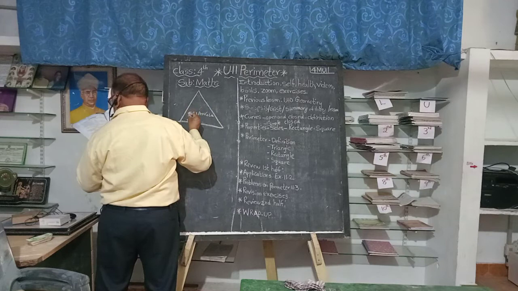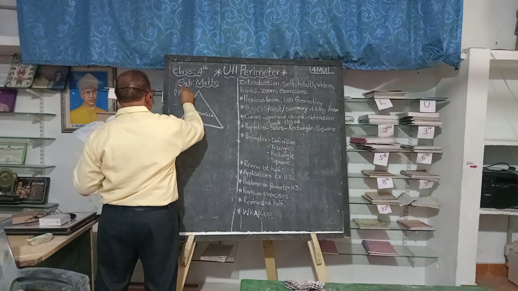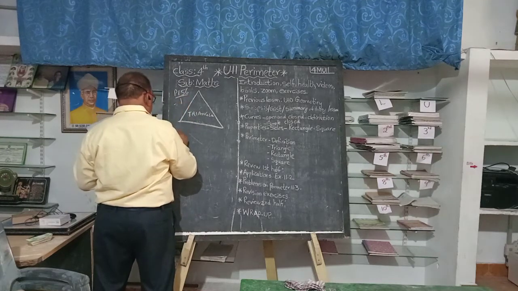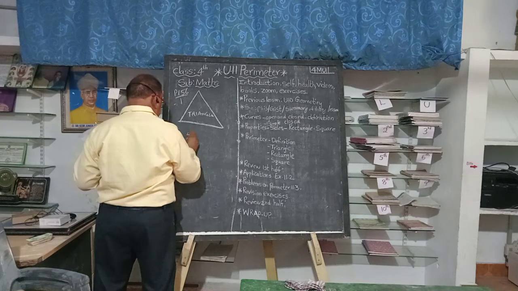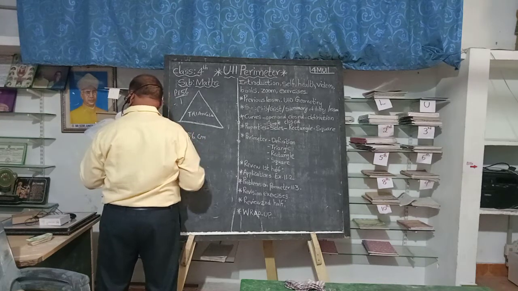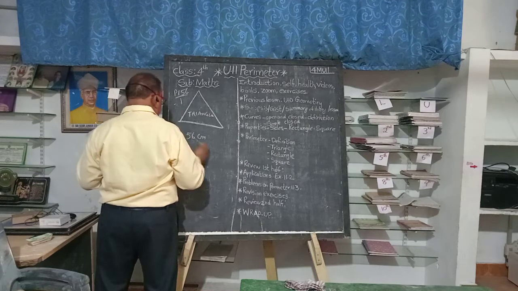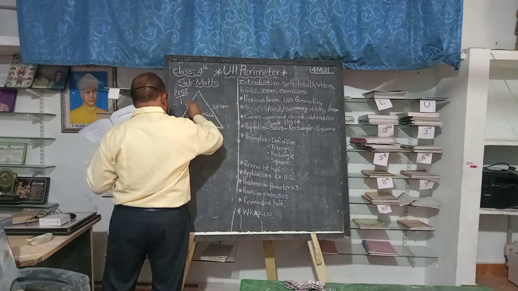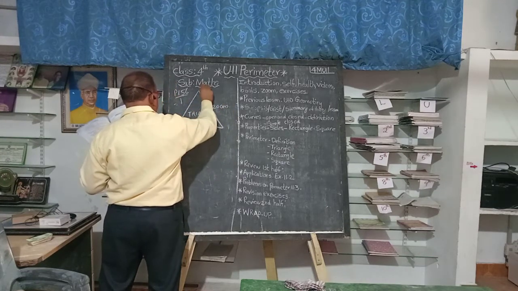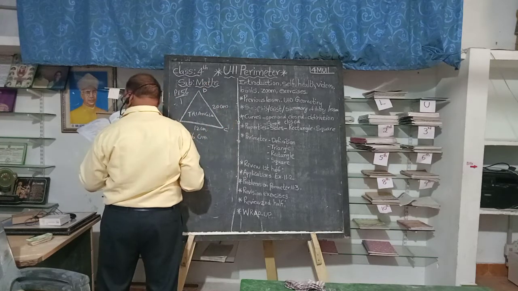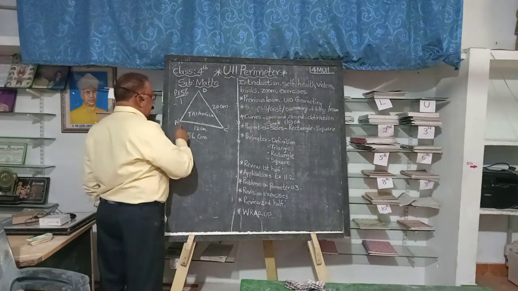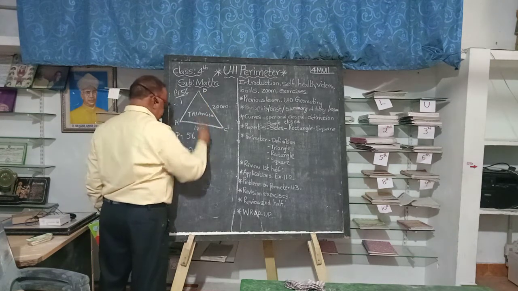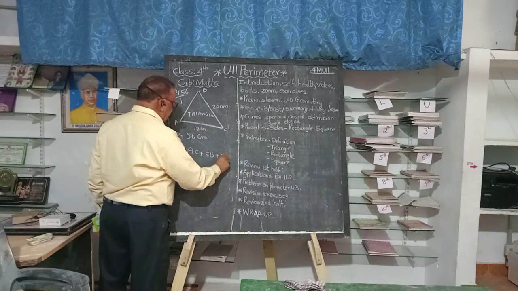This I am taking as page 156, problem number 1. Perimeter of a triangle P is equal to 56 centimeters. Two sides are 12 and 20. This is 12 centimeters, this is 20 centimeters, and find the third side. Let us say A, B, C. So the perimeter P is equal to AC plus CB plus BA.